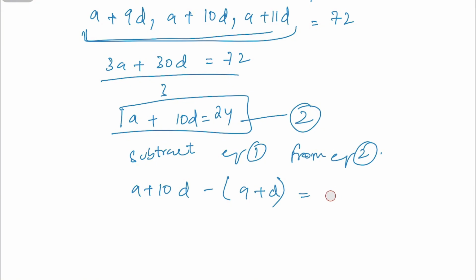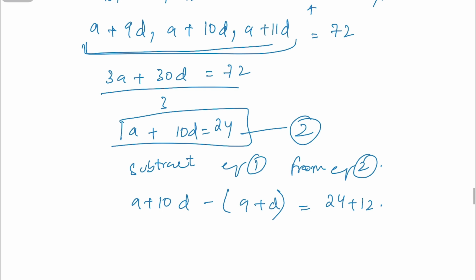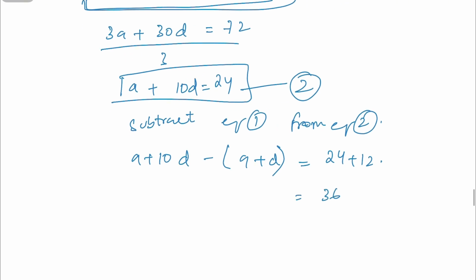Sorry, this is not 72, this is 24. 24 plus 12 would be 36 over here. And this a and this a would be cancelled out. This would be 9d, and our d would look like 36 over 9, that is 4.